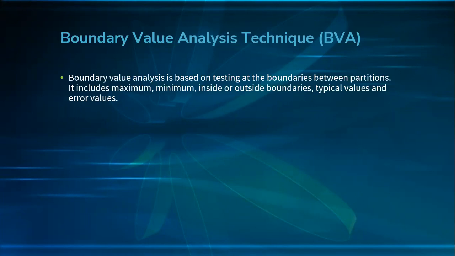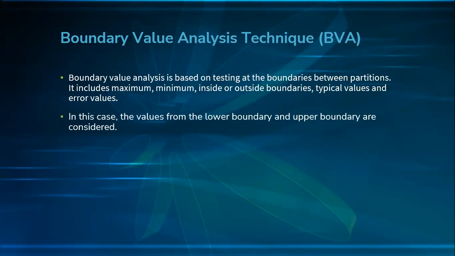It includes maximum, minimum, inside, and outside the boundaries, so that we can find errors and make sure we get good coverage. In this case, the values from the lower and upper boundaries are considered.